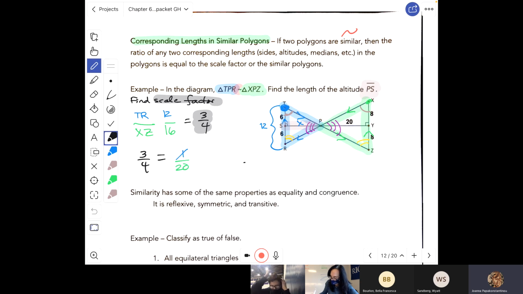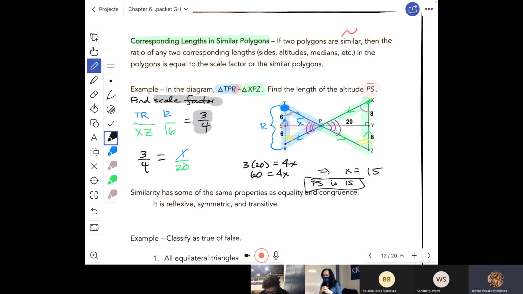Cross multiply, so that gives me 3 times 20 equals 4 times X. So that is 60 equals 4X. So the length X is 15. So PS is 15. Good.